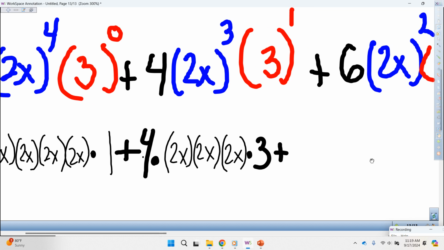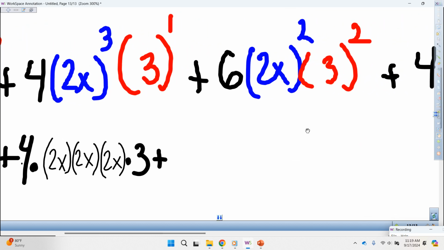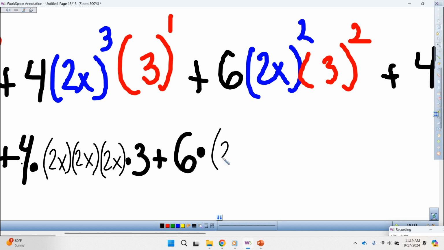Let me scoot over. Here we go. So I brought down my plus sign. What's the next number? 6 times. This is 2x to the 2nd. That means 2x times 2x times, check this out.